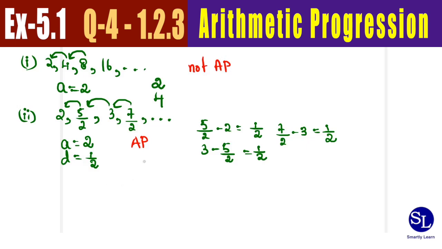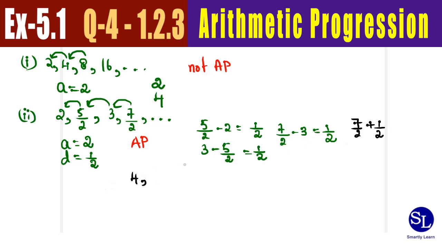And they also expected us to write 3 more terms. So after 7 by 2, I need to generate 3 more terms. So how do I generate after 7 by 2? I have to add 1 by 2 consecutively. So 7 by 2 plus 1 by 2 is 8 by 2, which is equal to 4.